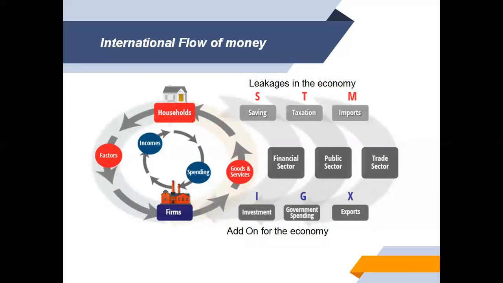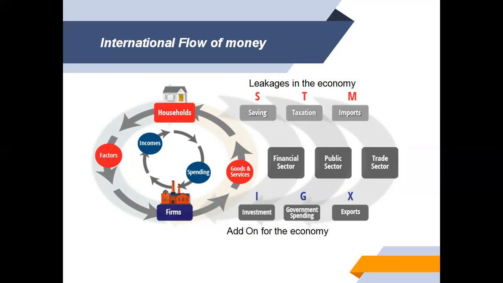Last but not the least is the international flow. The trade sector we are talking about, primarily international trade. If anything is being imported into the economy, the government, the public entity, or the individual would be paying money for that. So when imports come in, money goes out, and if the money is going out, it is no more part of this normal cycle, hence it is a leakage.